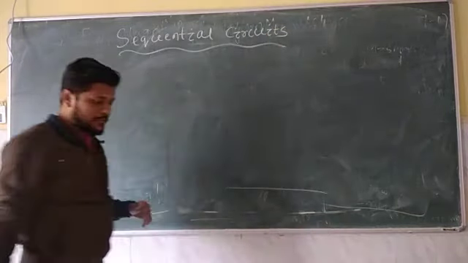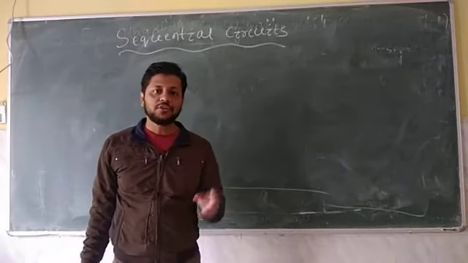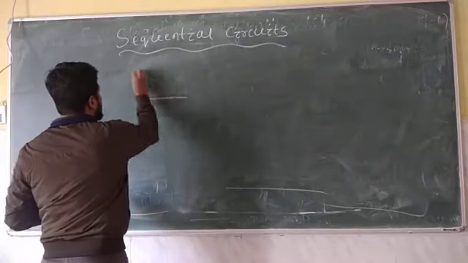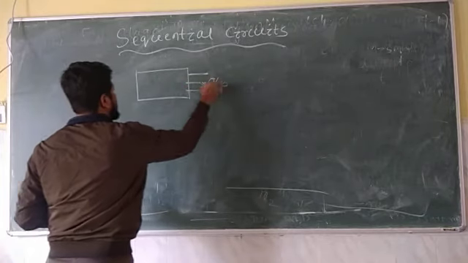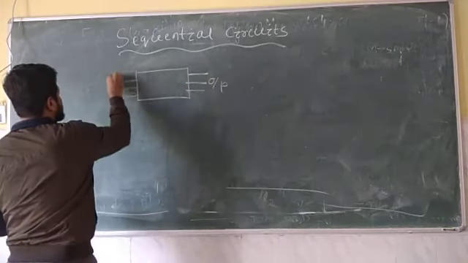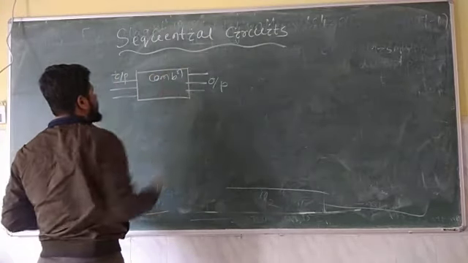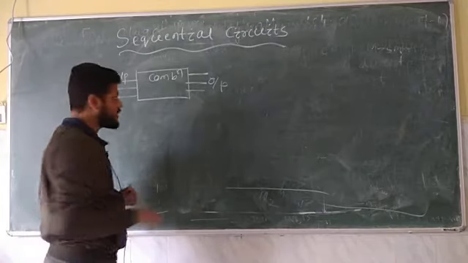What we studied in combinational circuits is that the output depends only on the present input. This is your output line, this is your input line, and this is your combination of logic gates, that's why combinational circuits.